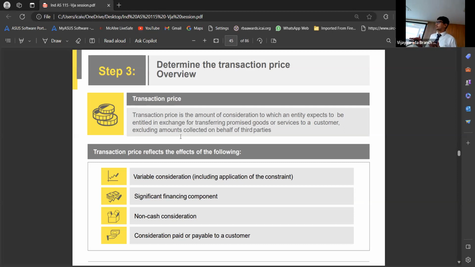You would also have paid to a customer for other reasons. For example, sometimes there are certain jobs that you do with customer support.